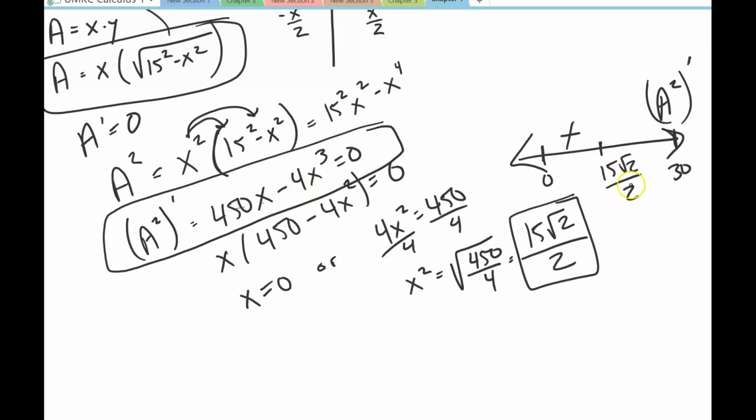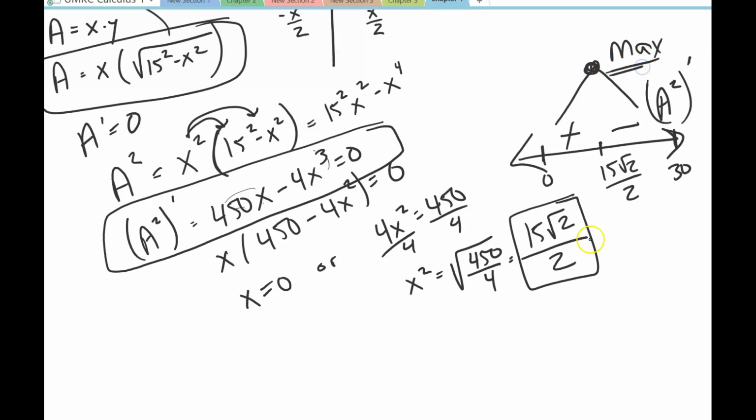And if I plug in a number that's in between 15 square root of 2 over 2 and 30, I can just plug in any number here, 15, and if I do 15 cubed times 4, I end up with a really large negative number. So it's going to overpower it. So I would expect the slope to be positive and then the slope to be negative. So that verifies this is a maximum.